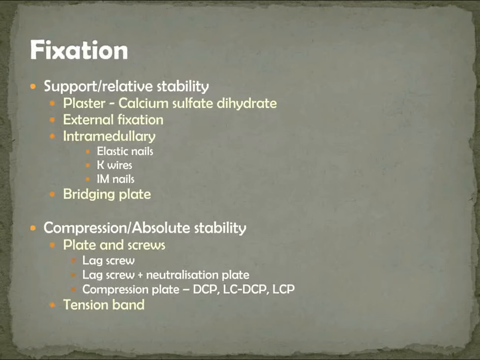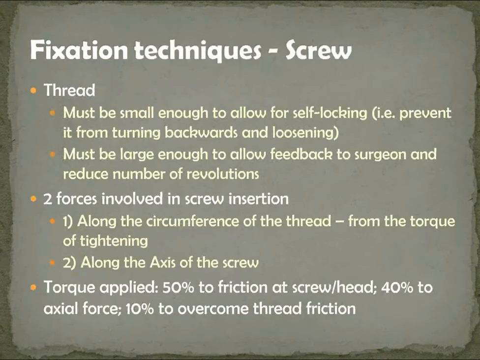All these materials can be applied into different methods of fixation, overall plates, screws and nails, and just going through the basics of screw fixation, requiring appropriate thread size, which is important to allow self-locking and also to allow appropriate feedback to the surgeon for the appropriate number of revolutions.